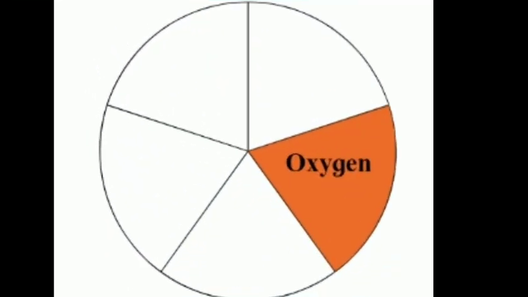See students, the earth's atmosphere is made of air. See, the circle in this picture shows all the air in the atmosphere. If we divide the circle into 5 equal parts, then the oxygen in the air will be equal to one of the parts. Apart from oxygen, there are other gases in the atmosphere.